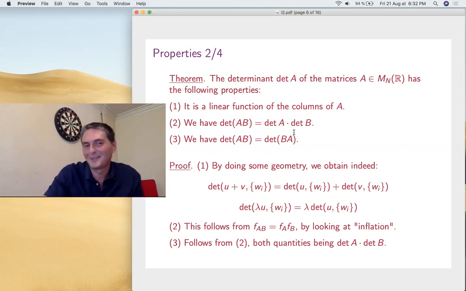So det AB is det A det B. It's trivial, this definition. As a consequence, of course, you get that det AB is det BA from this, right? This is also scary. I mean, if you use other definitions of determinants, it's complicated. So very nice. Just by doing a bit of geometry, we have all the good properties of the determinant, including this scary property that det AB is det A det B. So everything is trivial with this definition.